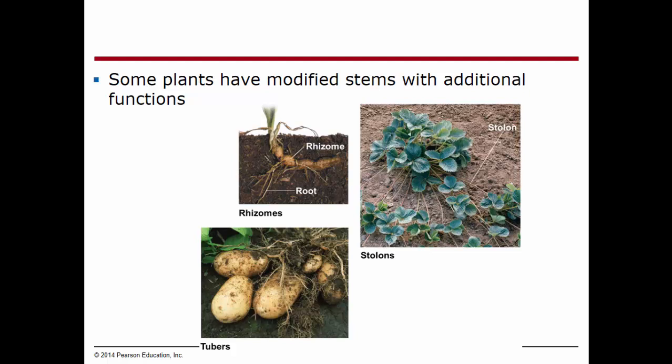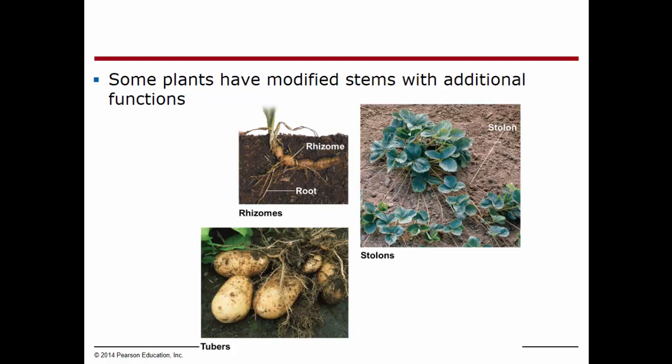We also have above ground stems that grow laterally or sideways or horizontally. Okay, those are all ways of saying the same thing. These types of stems are called stolons. They're common in plants like strawberries, and they're also involved in asexual reproduction.